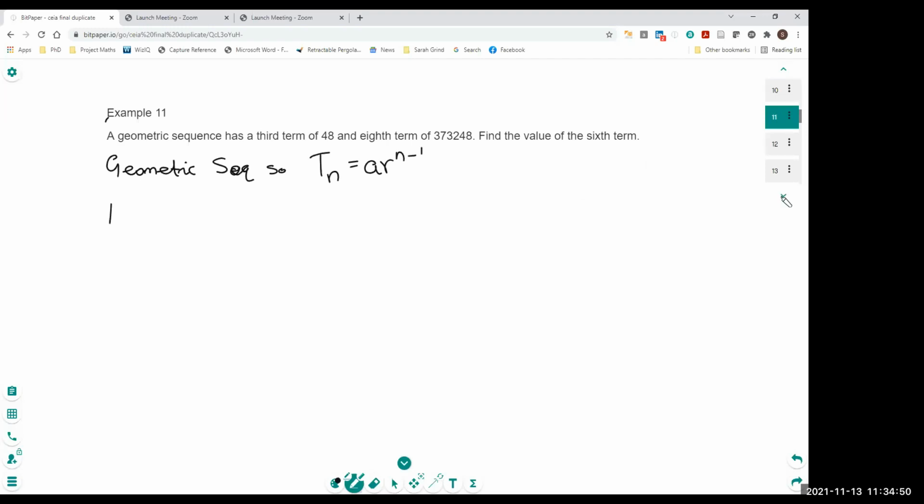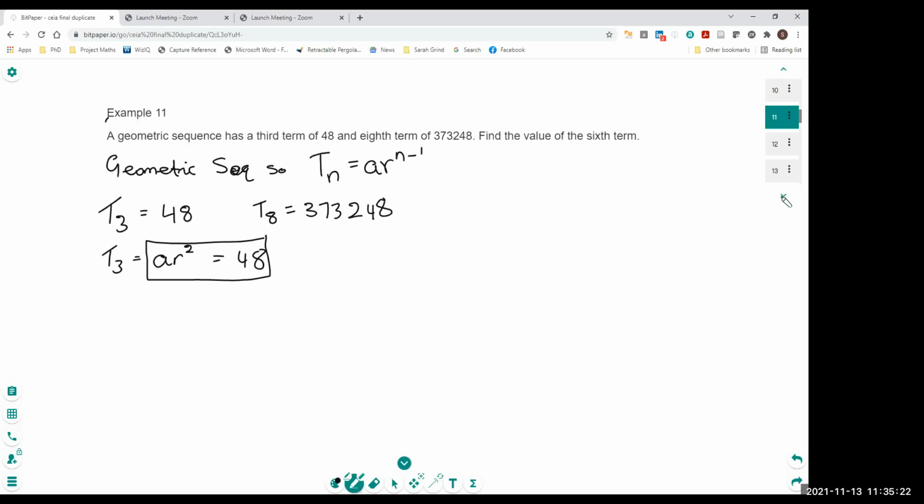And t of 3 is equal to 48, and t of 8 is equal to 373,248. So t of 3 is also equal to a r squared, and we know that's equal to 48. That's our first equation. And we know that t of 8 is equal to a r to the power of 7, and that's equal to 373,248.